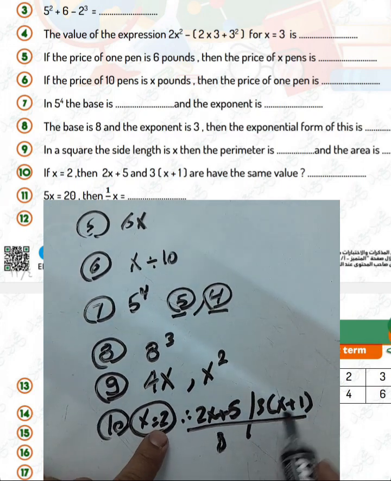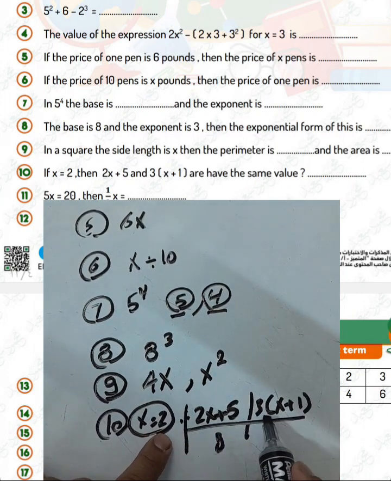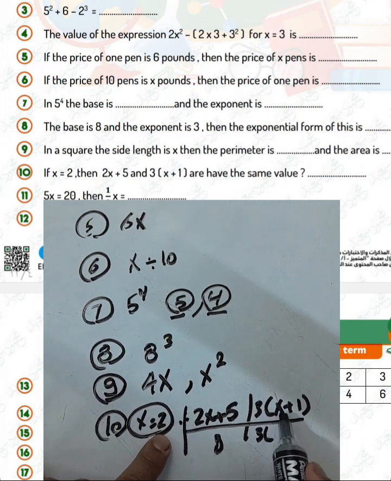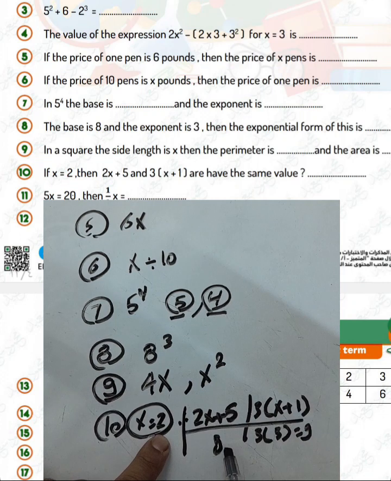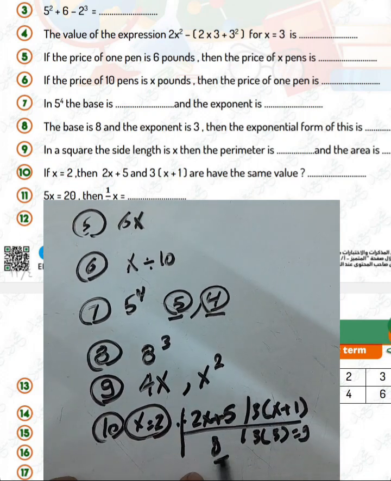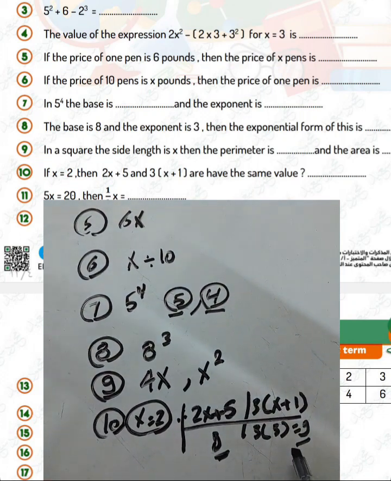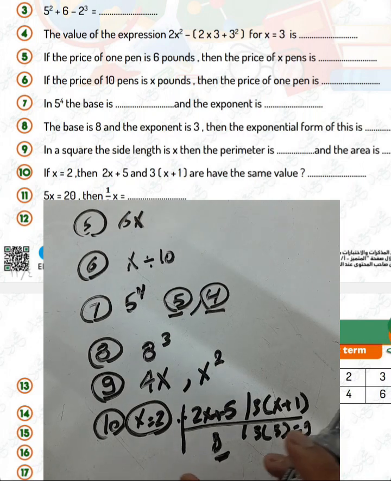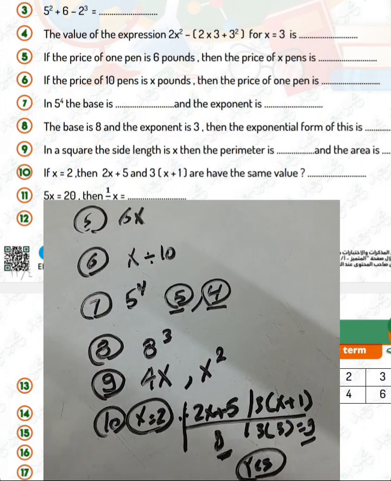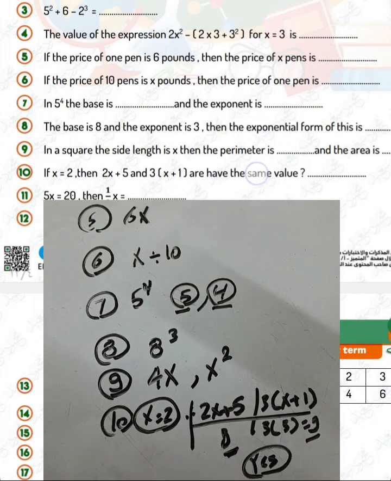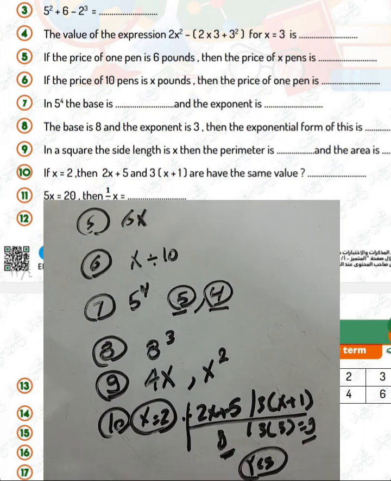Put x equal 2 in this expression: 3 multiplied by 2 plus 1, which is 3, so 3 by 3 equals 9. Here we have 9 and 9, so in this example they are equivalent. So we must write true. Do they have the same value? Yes, write true in the space.